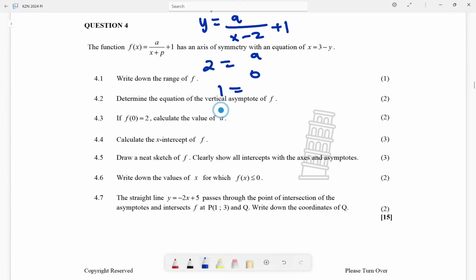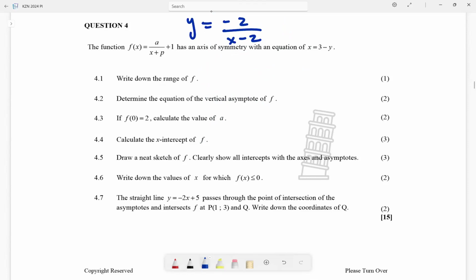So now we have an equation that is y equal to negative 2 over x minus 2, plus 1. Now they say calculate the x-intercept of f. For the x-intercept, you let y equal to 0. So 0 is equal to negative 2 over x minus 2, plus 1.